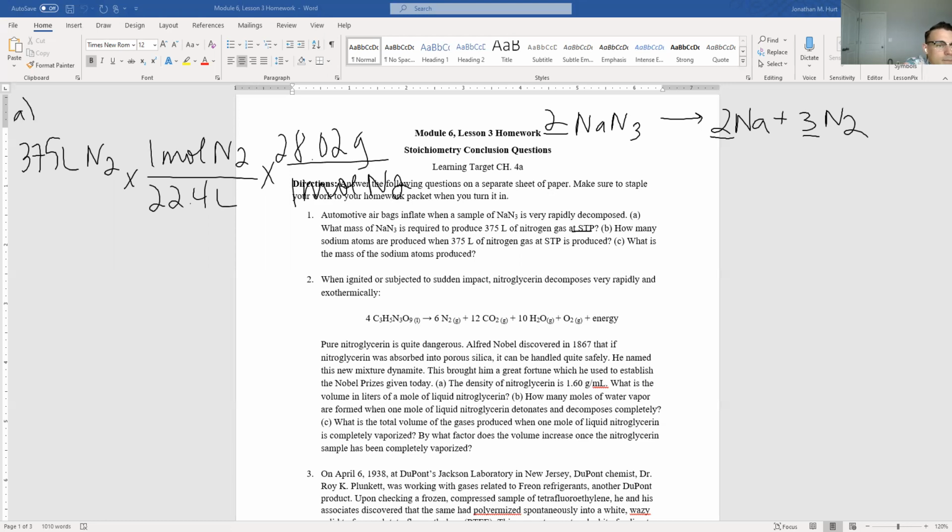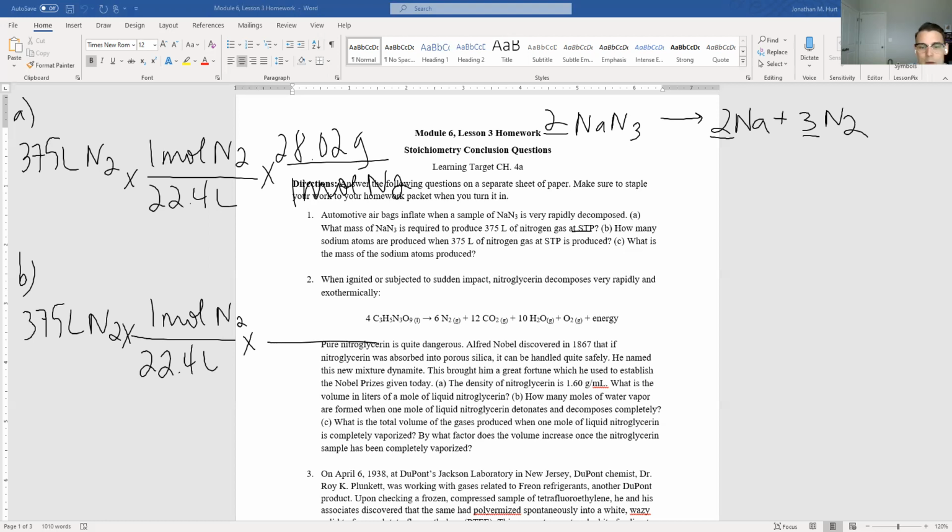So that's A. B, how many sodium atoms are produced when 375 liters of nitrogen gas is produced? Okay, so now we're going to sodium atoms. So we're going to start with our 375 liters of nitrogen. We're going to say, okay, 22.4 liters is 1 mole of nitrogen. Now we're going to sodium.